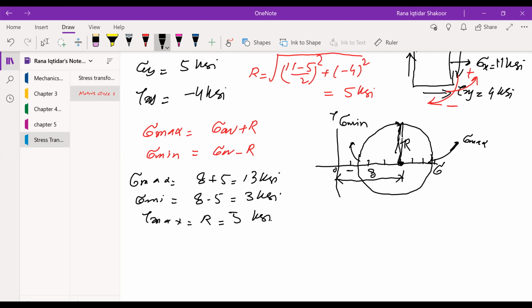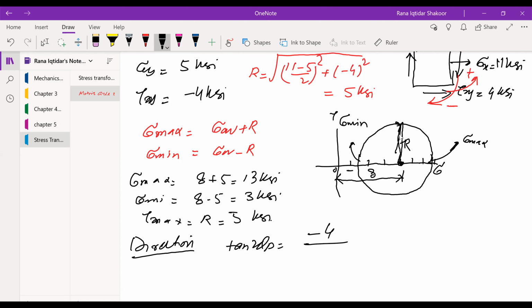Now the other point comes, direction. We know that tan 2 theta p is minus 4 divided by (11 minus 5) divided by 2.